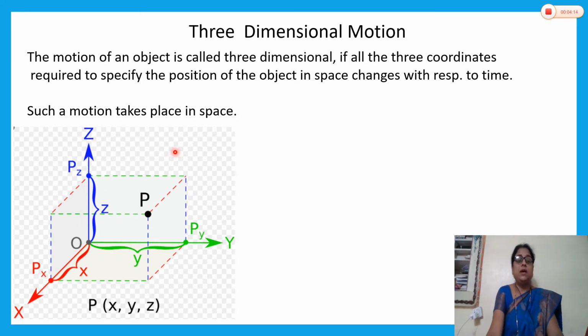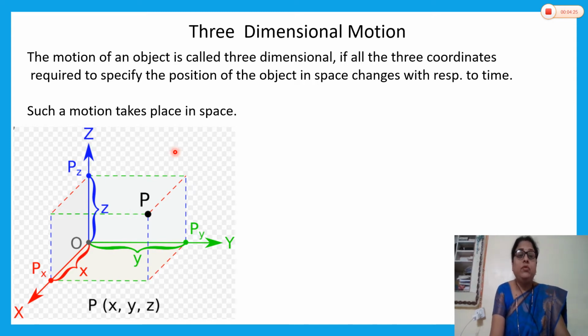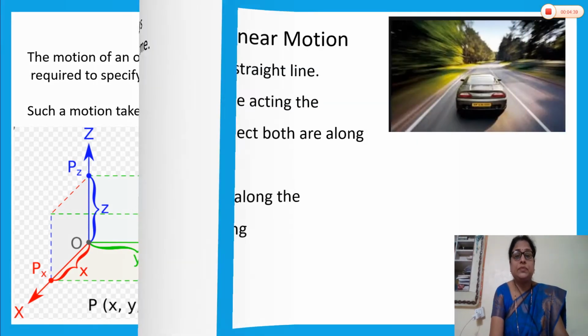When we consider a gas molecule moving at random in space, or an aeroplane moving in space, or a bird flying in the sky, or your kite flying in the sky, to represent the position of that object, we have to consider all three coordinates x, y and z. Then it is called three-dimensional motion. Such a motion takes place in space.